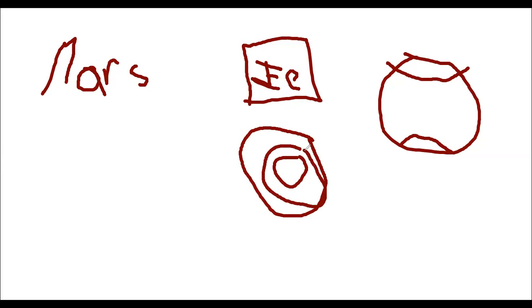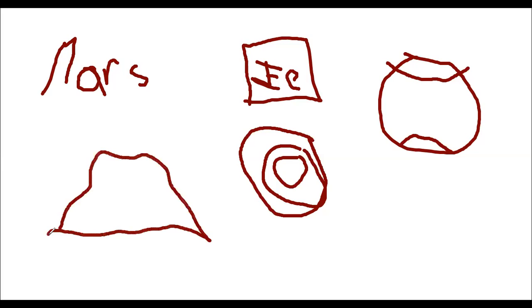Some other cool facts about Mars: it has the tallest mountain in our solar system. Mount Everest would be this small compared to it. This mountain is about twice as tall as Mount Everest, yet it is made of mainly rock. It also has the deepest and oldest canyon in our whole solar system.